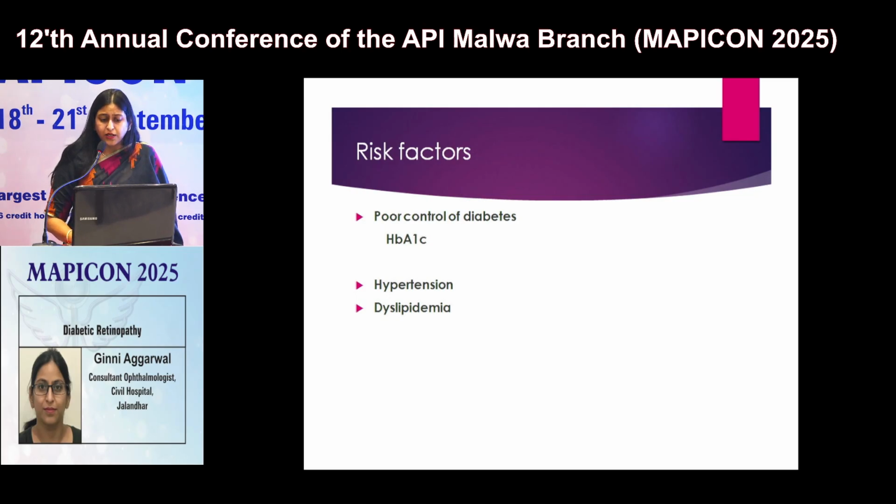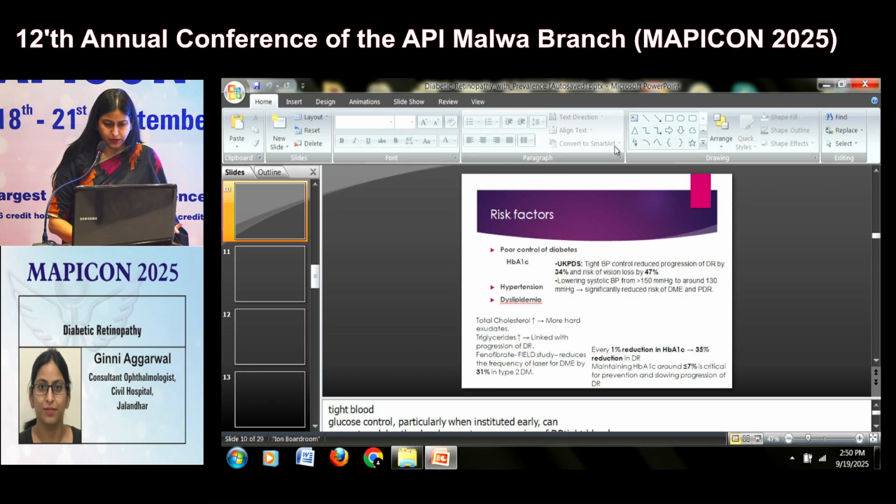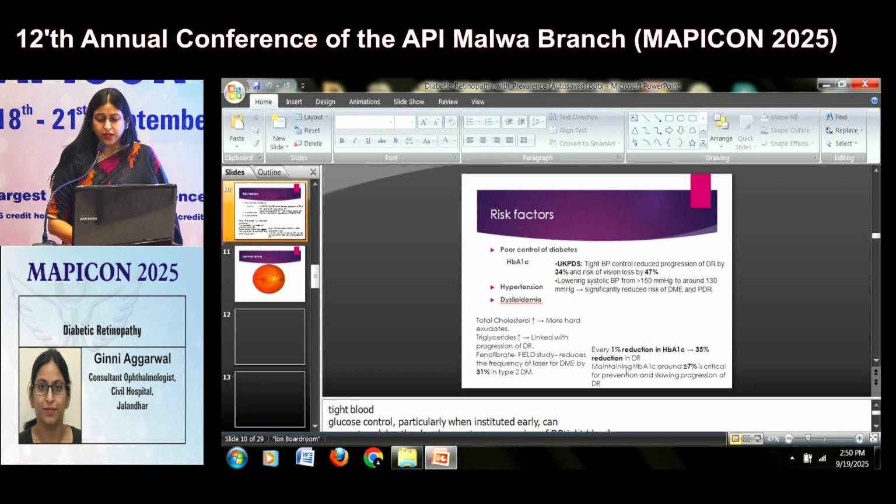Now there was a study recently which showed that every 1% reduction in HbA1c causes 35% reduction in diabetic retinopathy, and maintaining HbA1c at less than 7% really slows the progression of diabetic retinopathy.